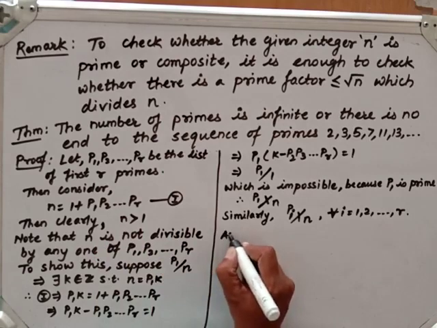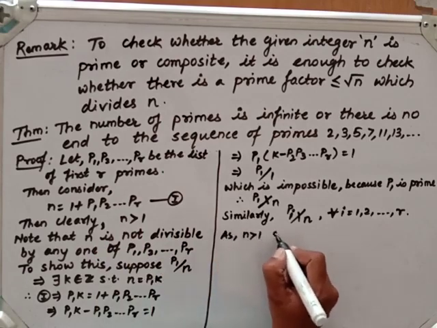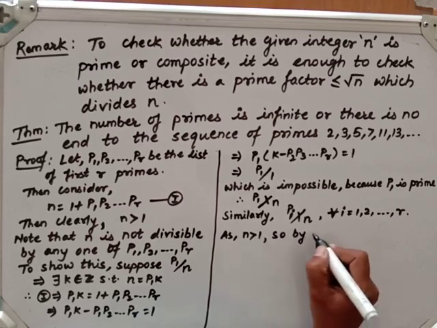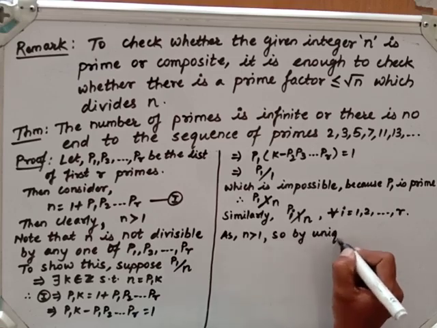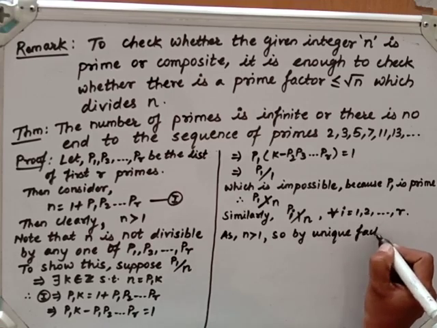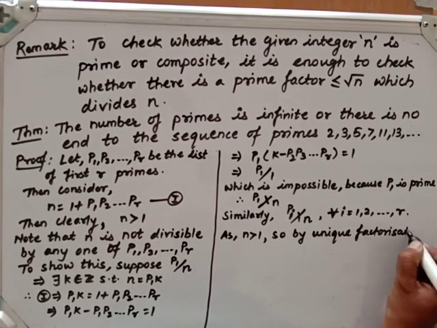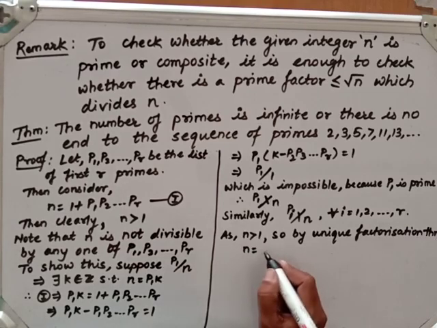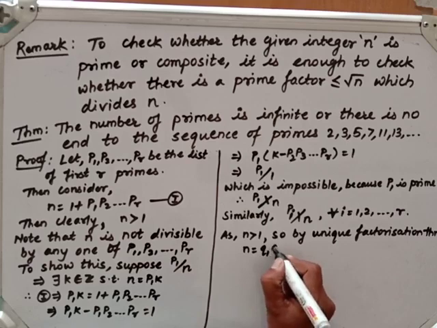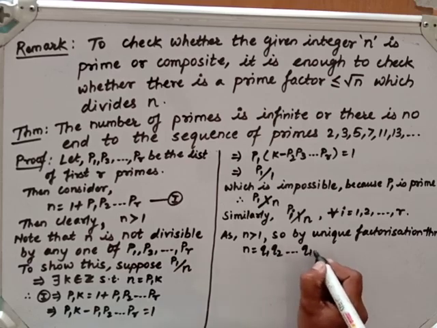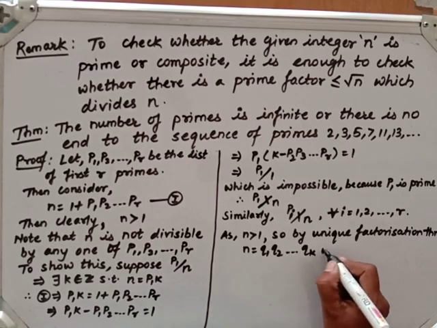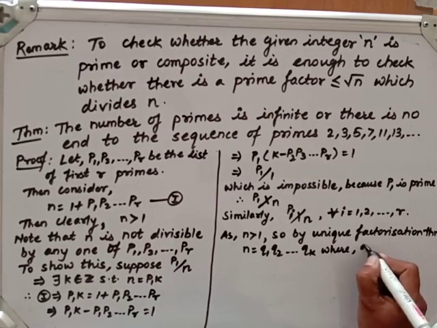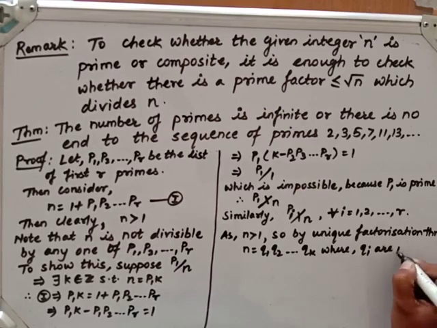Now, as n is greater than 1, by the unique factorization theorem, what can we say? n can be written as a product of prime numbers. So, n will be, suppose, q1, q2, so on up to qk, where these qi's are primes.